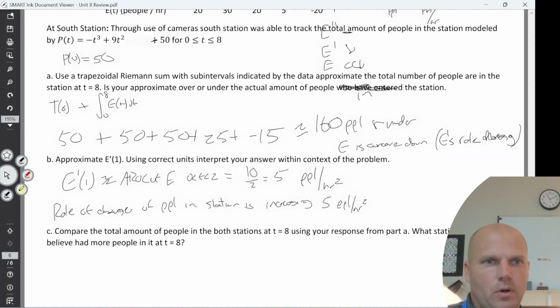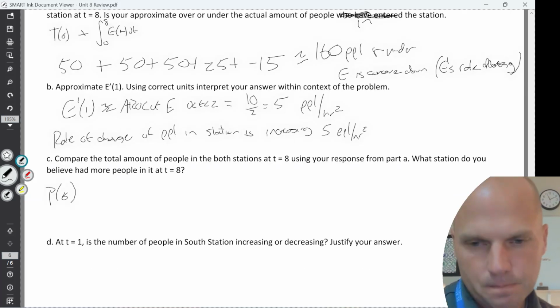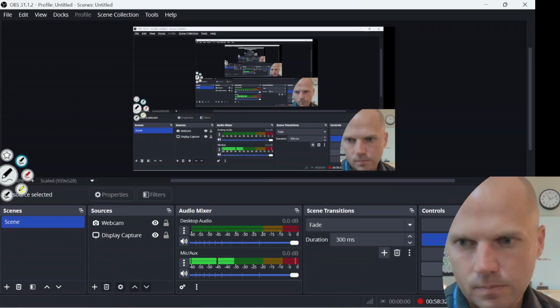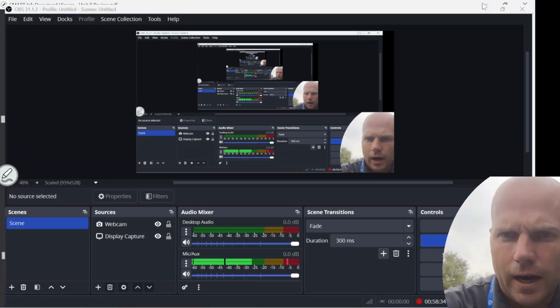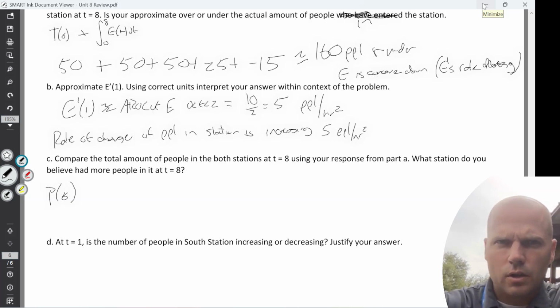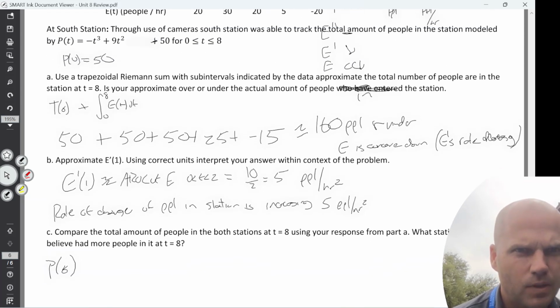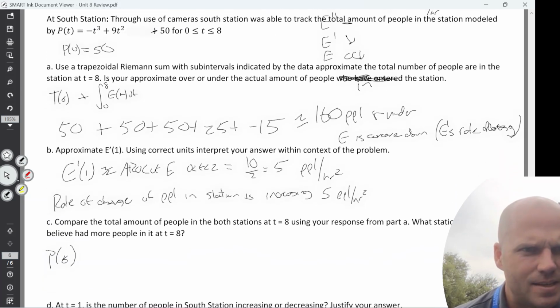Compare the total amount of people. I need to look at the total amount of people at time 8 and compare it. And I need to pause and go outside. All right, outside now. P is literally how many people are in the station at certain times. So P of 8 is negative 8 cubed plus 9 times 8 squared plus 50.